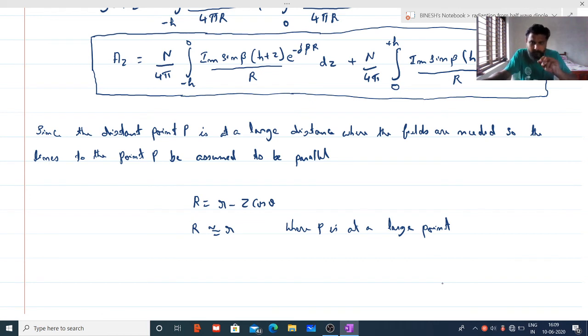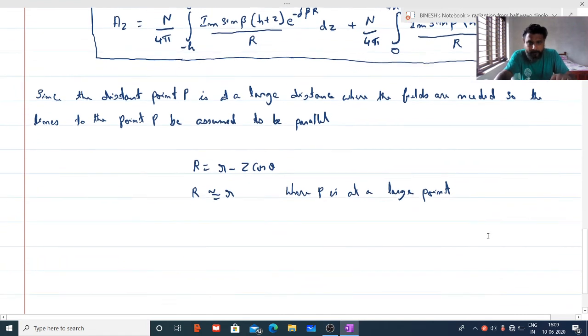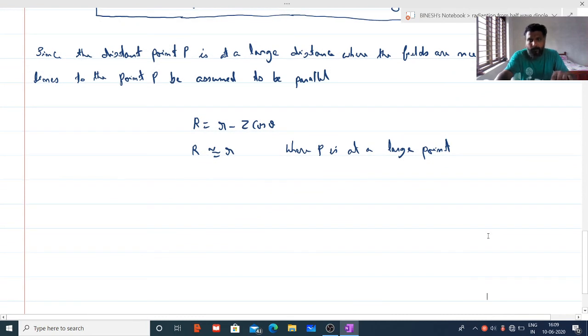Okay, so I will modify our equation 3 by putting this equation. That is 3, and this one I can take as equation 4.